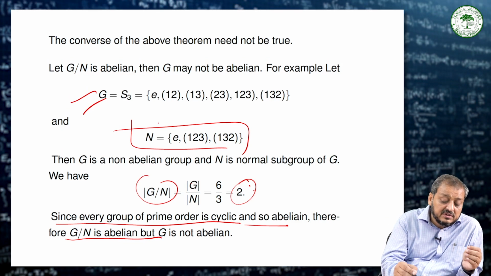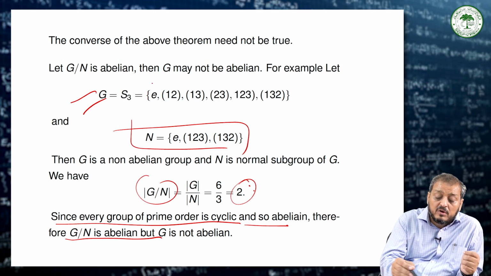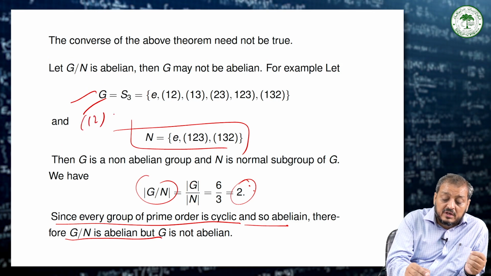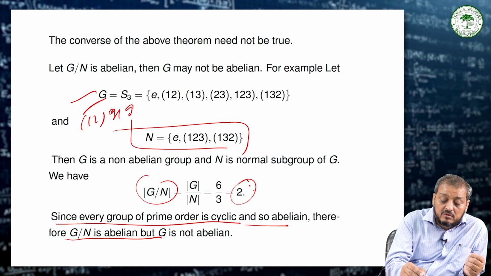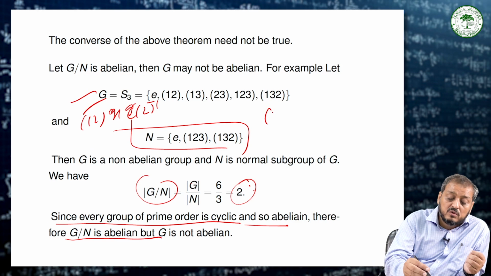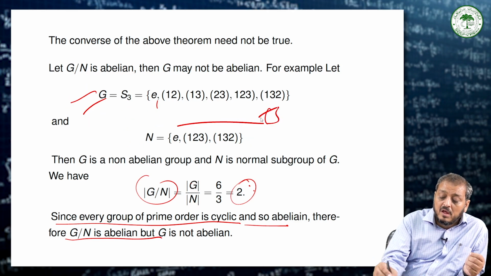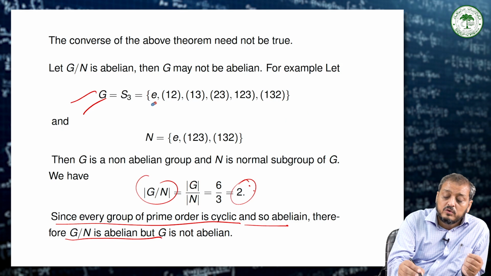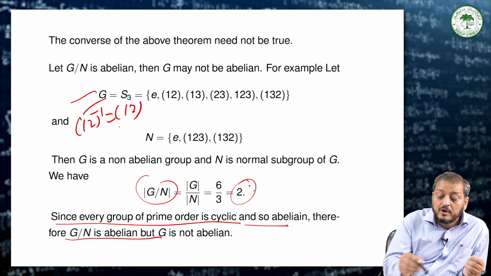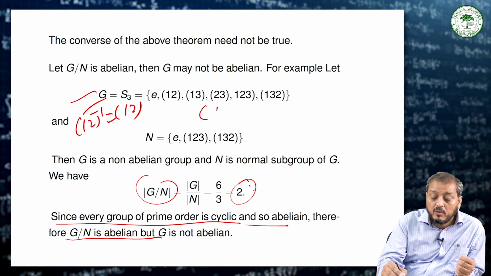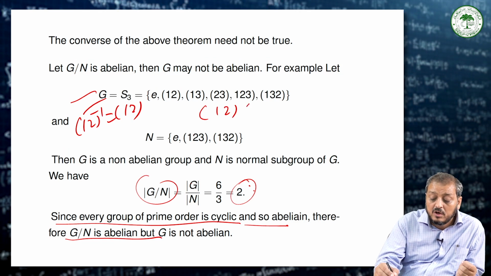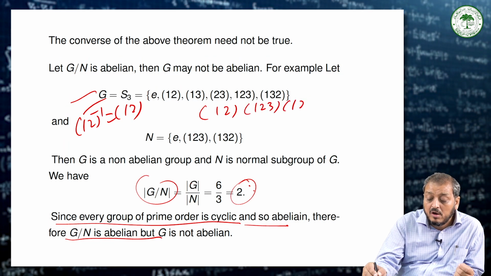You can easily verify that N is normal, because you take any element, say (1 2), and then we take N and (1 2) inverse. You know that the inverse of (1 2) is (1 2). I take the element (1 2), and then any element of N, say (1 2 3), then (1 2).